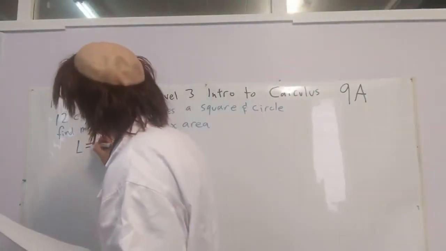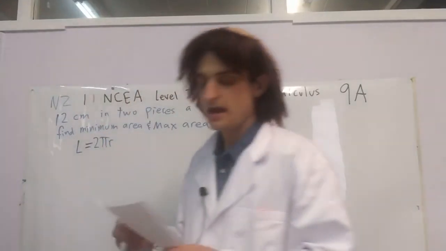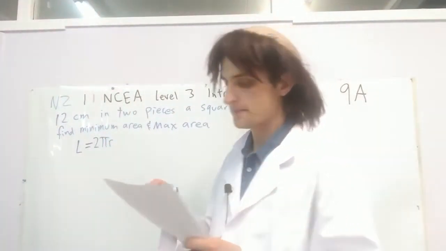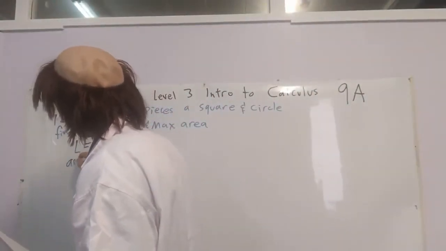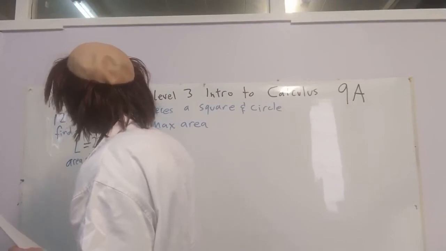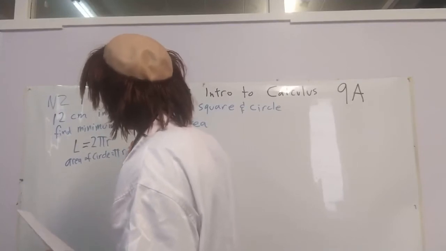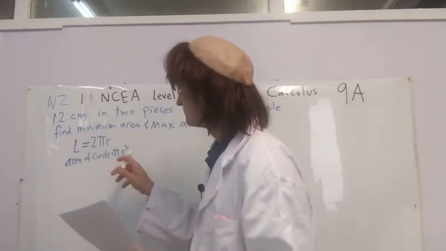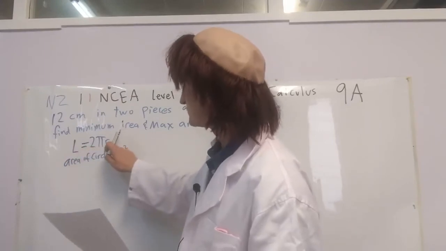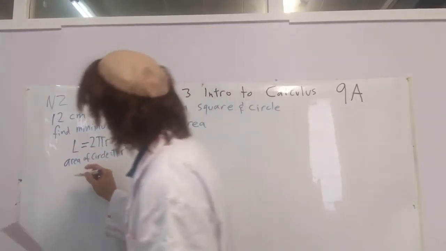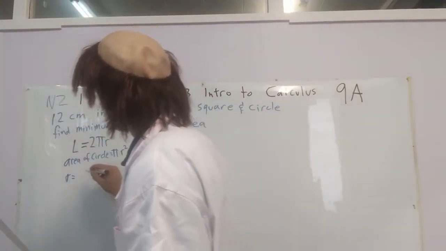So we'll say L equals 2 pi r. And the area of a circle equals pi r squared. So as we can see, we can rearrange this. If we want r by itself, we can say r equals L divided by 2 pi.